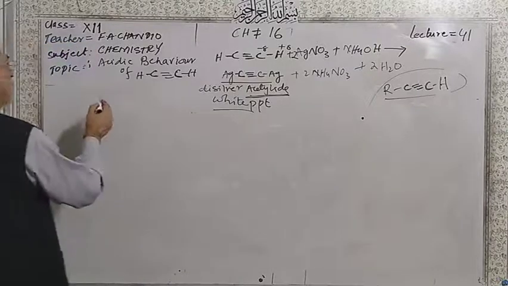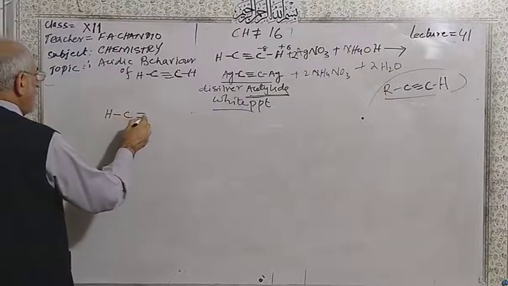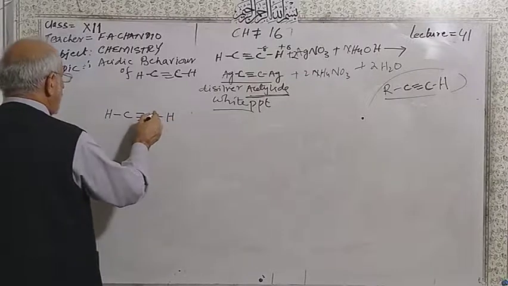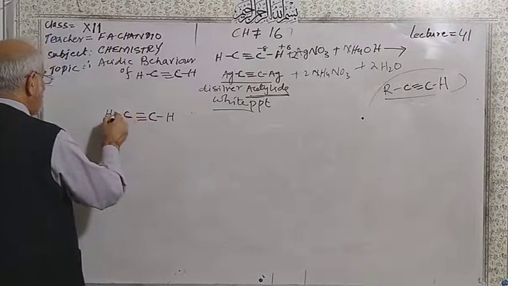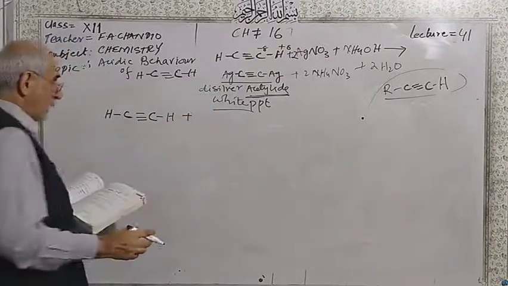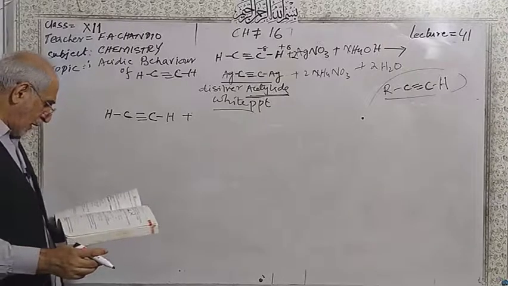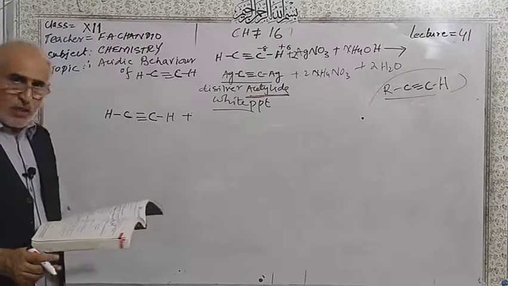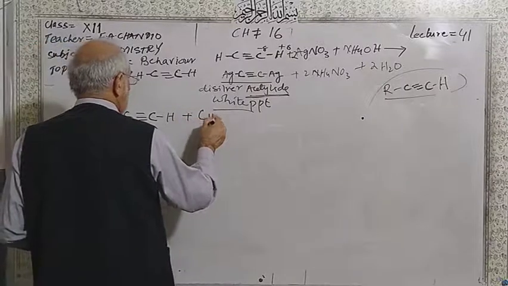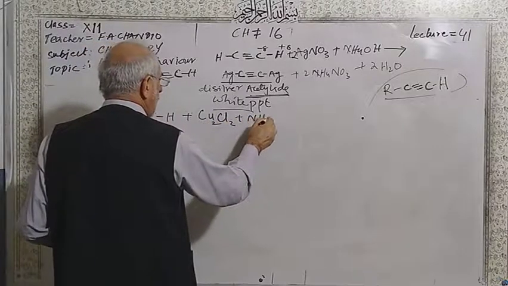So another one. There is also another test. If you have this chemical in the laboratory, this terminal alkyne with both sides, you can use propyne also. So instead of ammoniacal solution of silver nitrate, you have to use the ammoniacal solution of cuprous chloride.